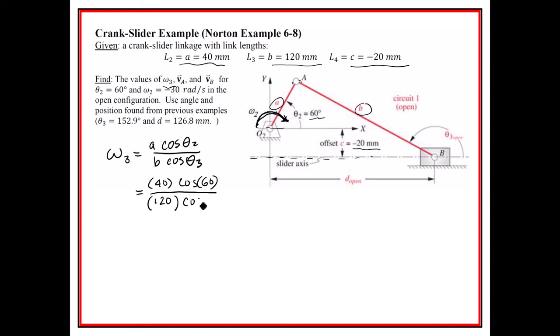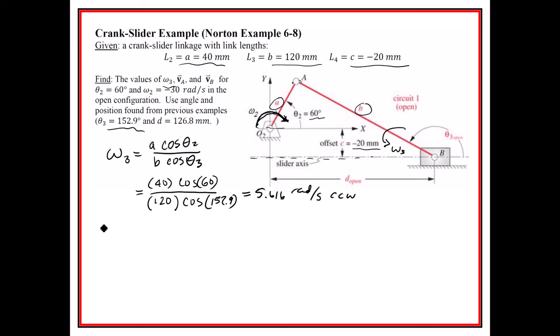And we take the cosine, and we needed to do a position analysis to be able to get that theta 3, and we find that it's going to be 152.9. So we get an answer of 5.616 radians per second. And since it's positive, it's counterclockwise, right? So we found this omega 3 from that.